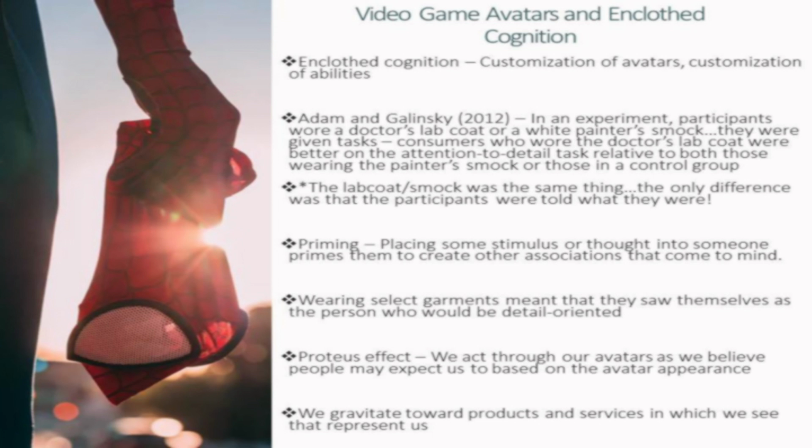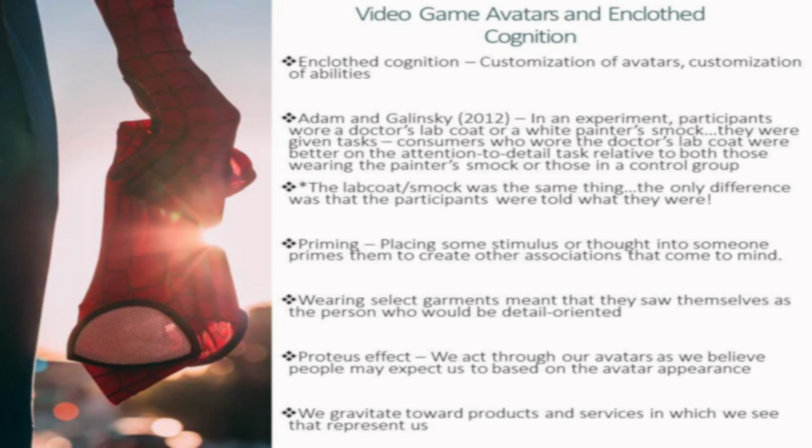The only difference was that the participants were told that they were different. And so when we put on something, we put on a suit jacket, we put on a tie, we put on a costume, we adopt certain traits. Priming. We prime ourselves by what we wear. Placing some stimulus or thought into someone primes them to create other associations that come to mind.